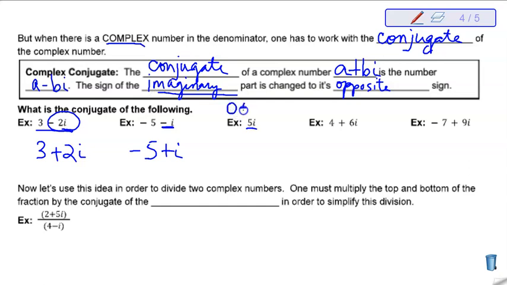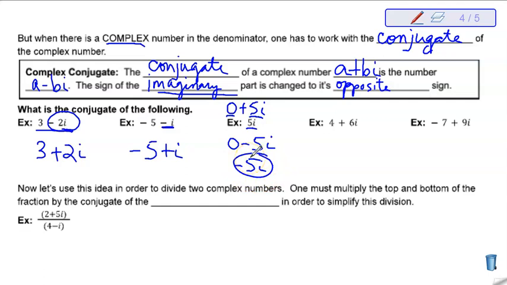Now, if you recall, 0 plus 5i is going to be the same as 5i. That's the complex version with the real piece and the imaginary piece. So if I think of it that way, 0 minus 5i is going to be the conjugate, or get rid of the 0, and technically negative 5i would be it.